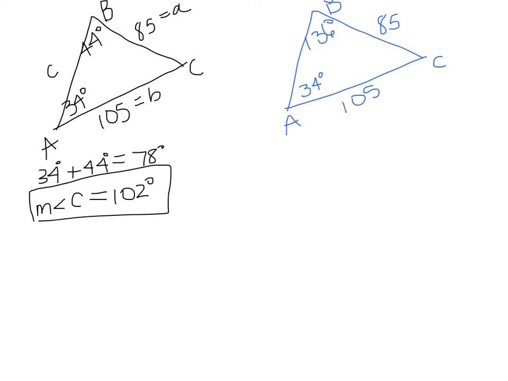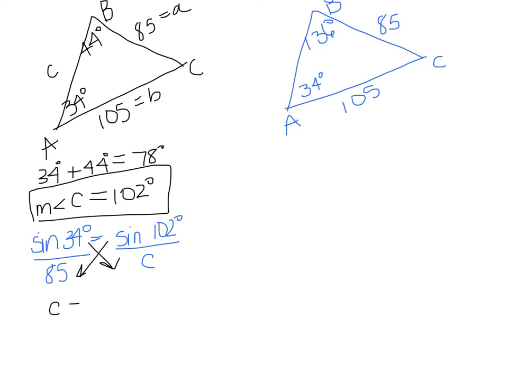So I'm going to do sine of 34 degrees, which is angle A, over 85, equals sine of 102, which I just found, over little c. And I'm going to cross multiply and do sine 102 times 85 divided by sine 34. So that means c would equal 149 units. That's the first triangle.